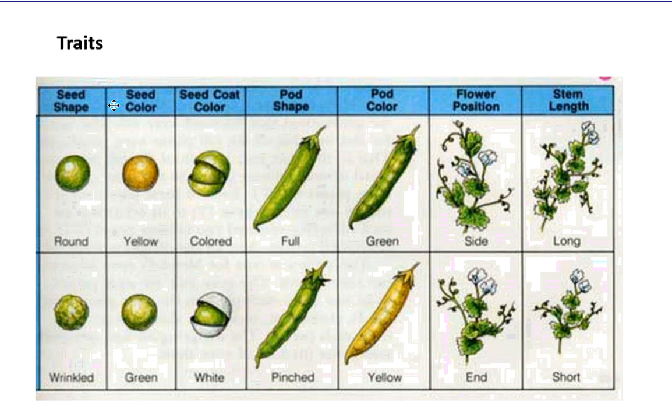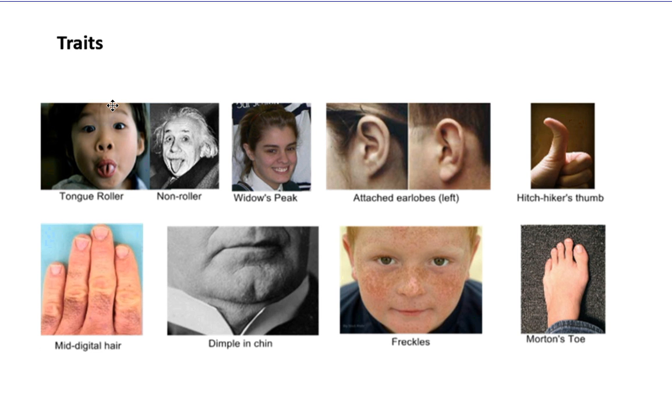Now, what is a trait? A trait is a specific characteristic that varies from one individual to another. Traits are things like, in pea plants, seed shape and seed color, and there you see them. In humans, it can be stuff like: are you a tongue roller? Do you have attached earlobes? Do you have freckles, or Morton's toe, which is where your second toe is longer than the big toe?